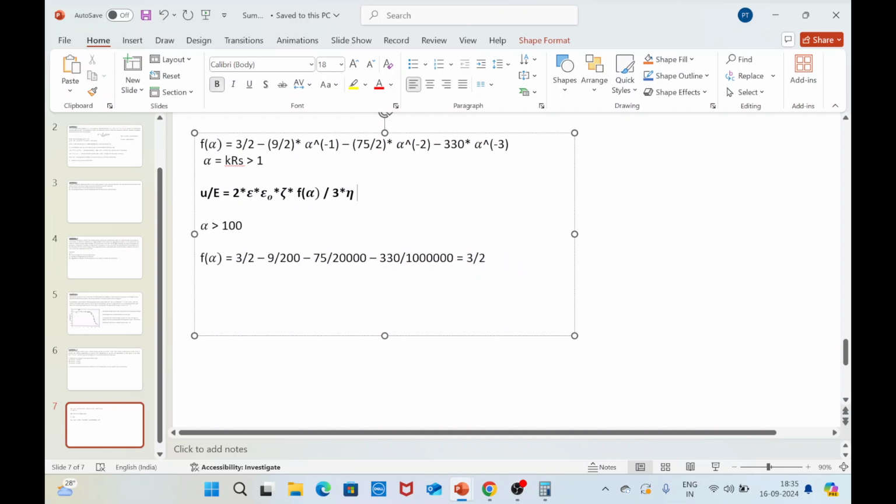If you substitute in this equation 1, what you will be getting is u by e will become, so this 3 by 2 will get cancelled with this 2 by 3, right?